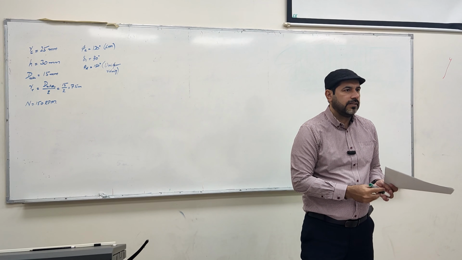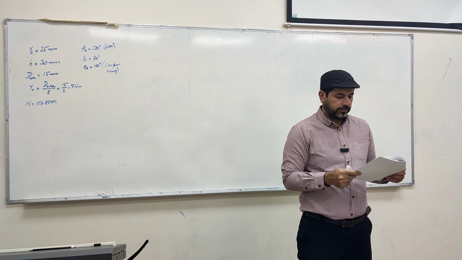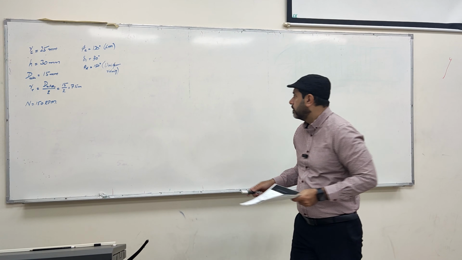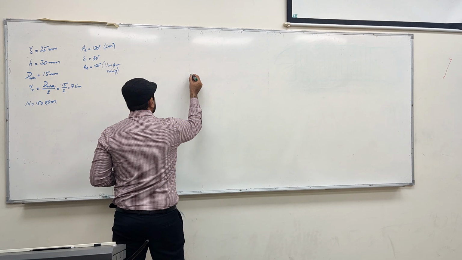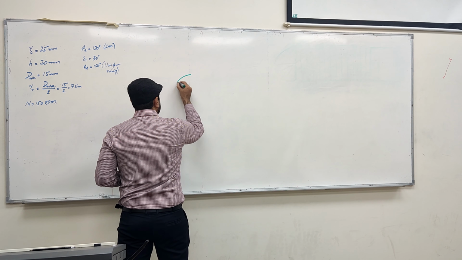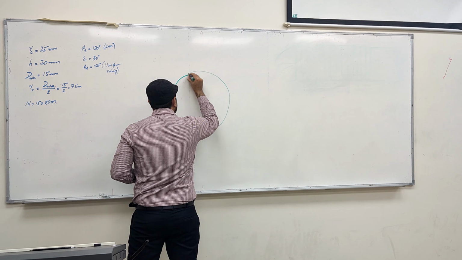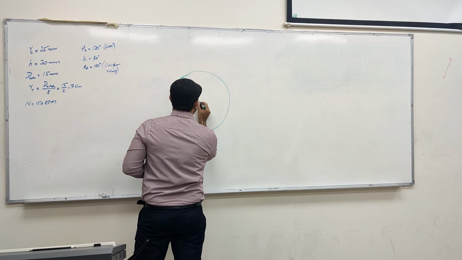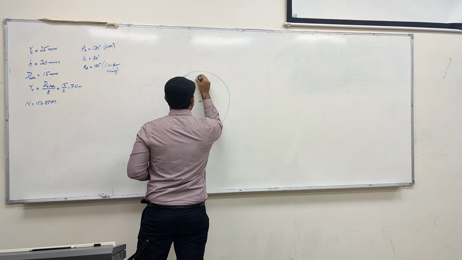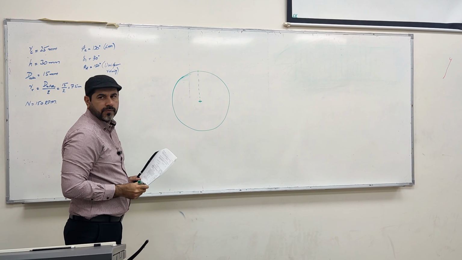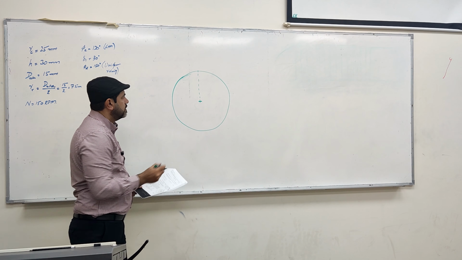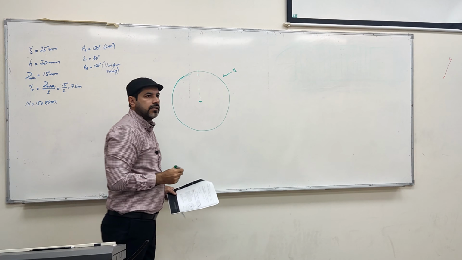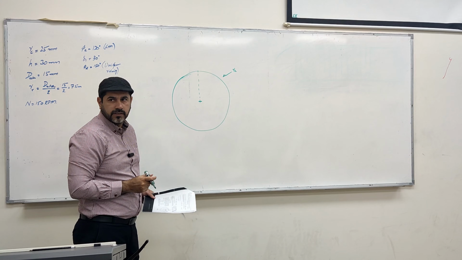There's a small difference in drawing the first circle. Usually what we are doing, we draw the RC, which was basically the cam minimum radius.